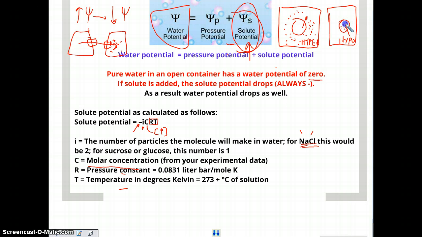Again, water follows the solute, so water flows in. And if it's isotonic, iso is same, you have the same solute concentration inside and outside the cell. And water will flow, but it flows in and out at the same rate. Okay. So again, if you're stumped on something, just remember water follows the solute. And adding solute lowers water potential.